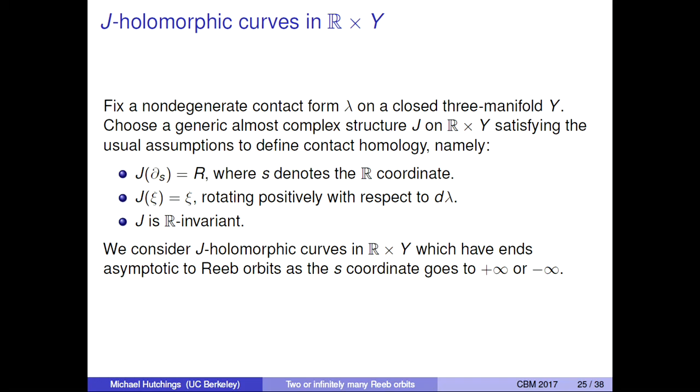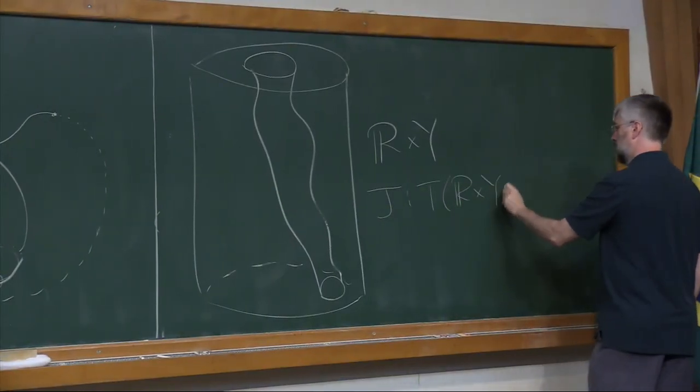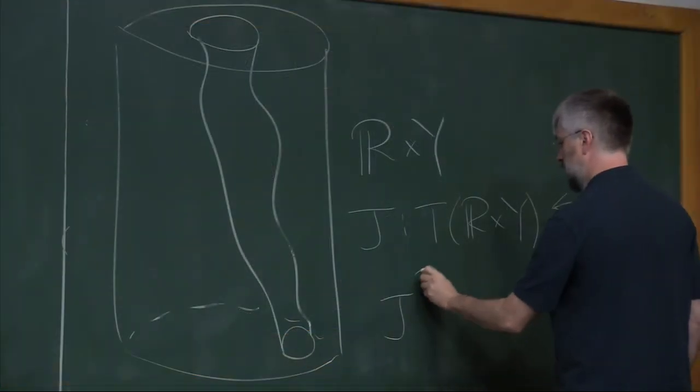J-holomorphic curves. So what are those? You choose an almost complex structure on R cross Y. That's just a map J from the tangent bundle of R cross Y to itself, such that J squared equals -1.